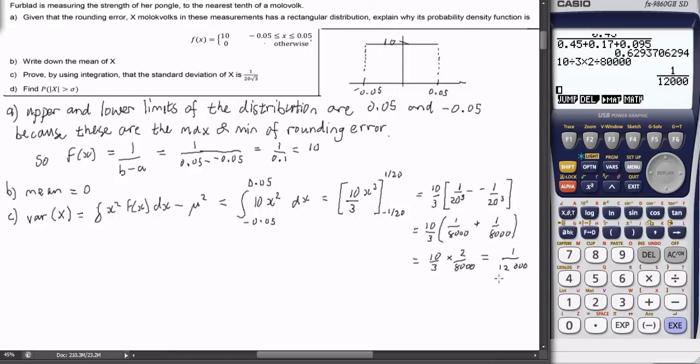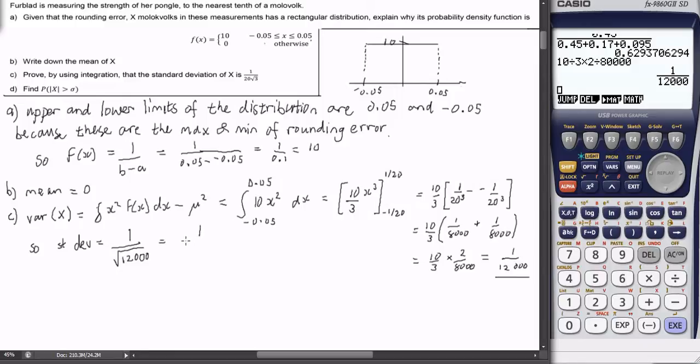And this is the variance of x. So the standard deviation is the square root of that. And I have been asked to prove it, so I am just going to show how to do this.